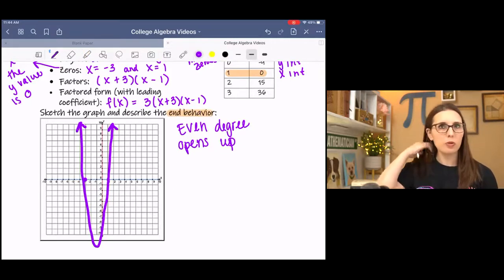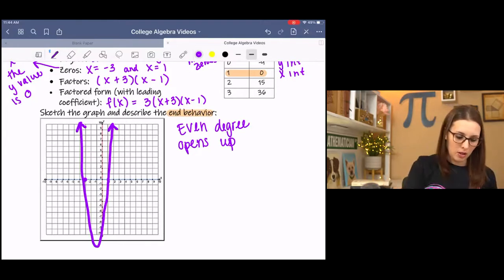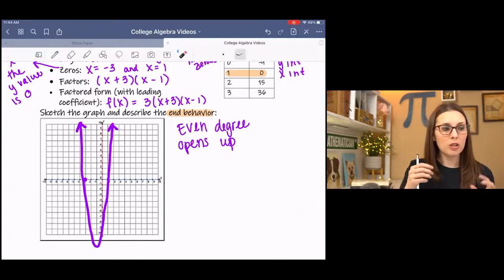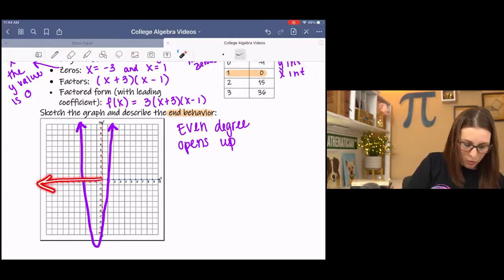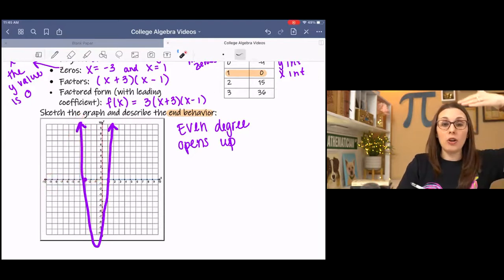End behavior is referring to what's happening to the ends. These indicate ends in a graph, and we want to talk about what they're doing. As x is getting smaller, my y values are going up. They're getting higher and higher and higher.